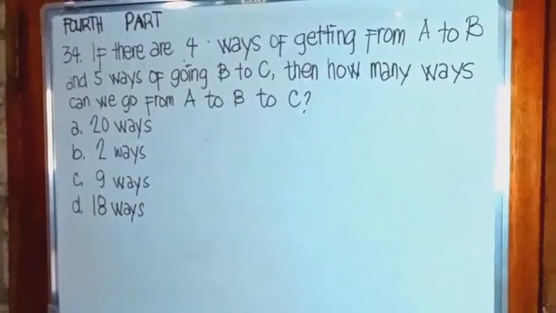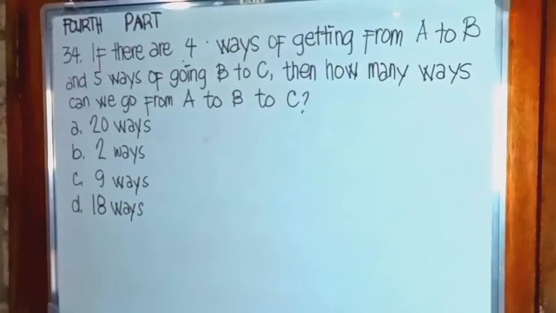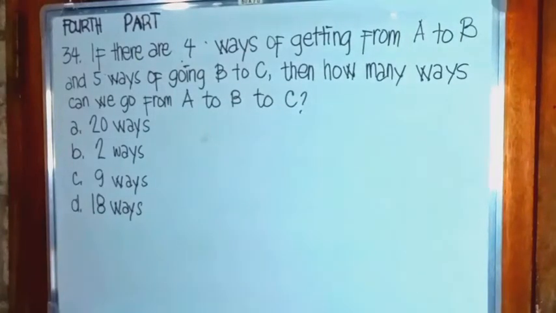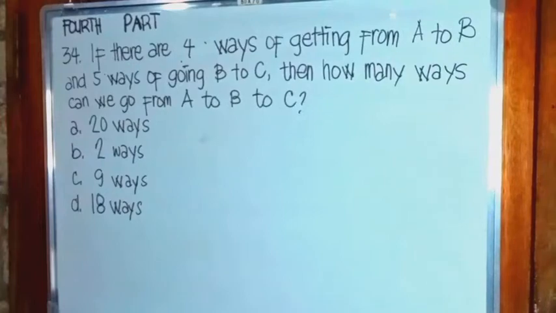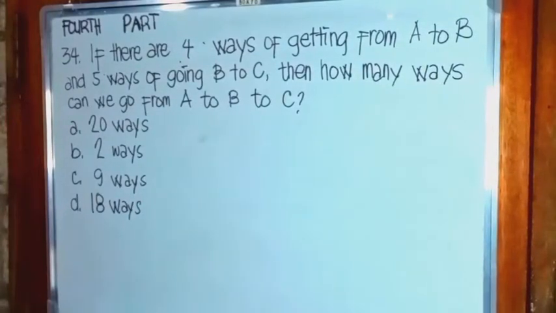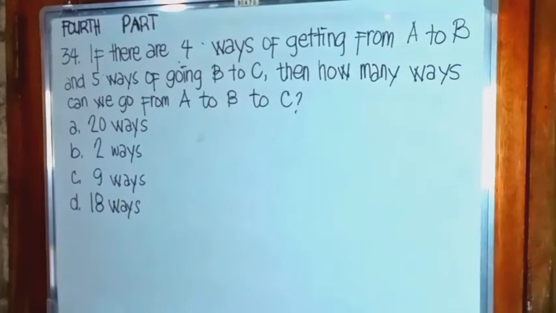Item number 34. If there are 4 ways of getting from A to B and 5 ways of going from B to C, then how many ways can we go from A to B to C? Okay. First, let me illustrate the given problem.